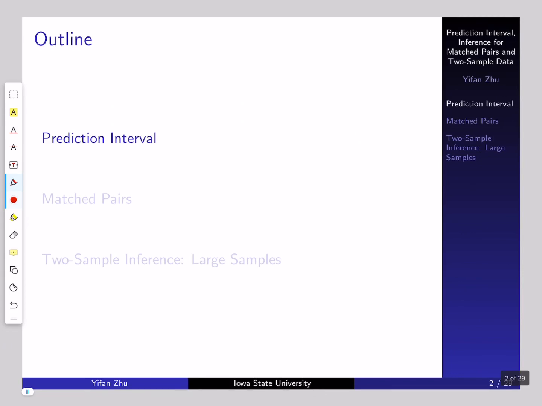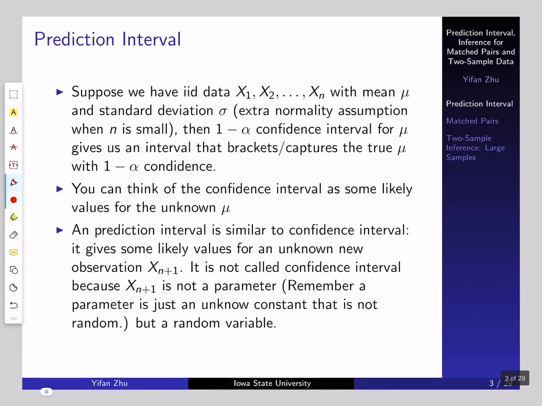So the first thing is the prediction interval. Recall what we have for the confidence interval is this. Suppose we have n observations. This is our one sample. They are IID with mean mu and standard deviation sigma.